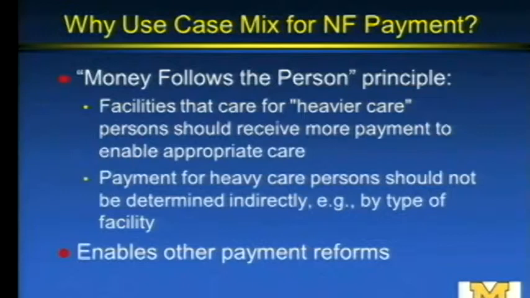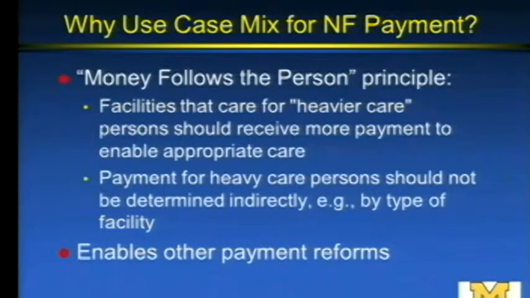And I think this is sort of a no-brainer to some extent. It follows the money follows the person type of principle: facilities that care for heavier care people should get more payment. That allows them to provide the appropriate amount of care to individuals. If facilities are not paid sufficiently for care of heavier care individuals, they can't be expected to provide appropriate care.